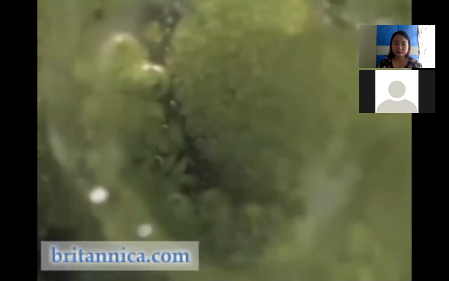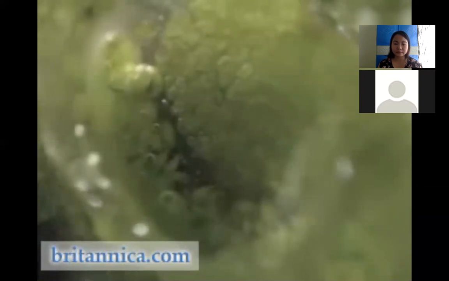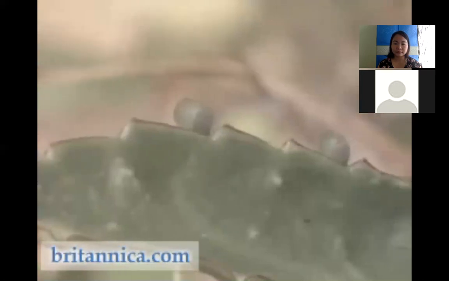They scatter away from the parent plant and will eventually grow into new gametophyte plants. Plants like this bryophyllum can also reproduce asexually. Miniature plantlets develop at the edges of its leaves. In time, these will drop off and develop into independent plants.